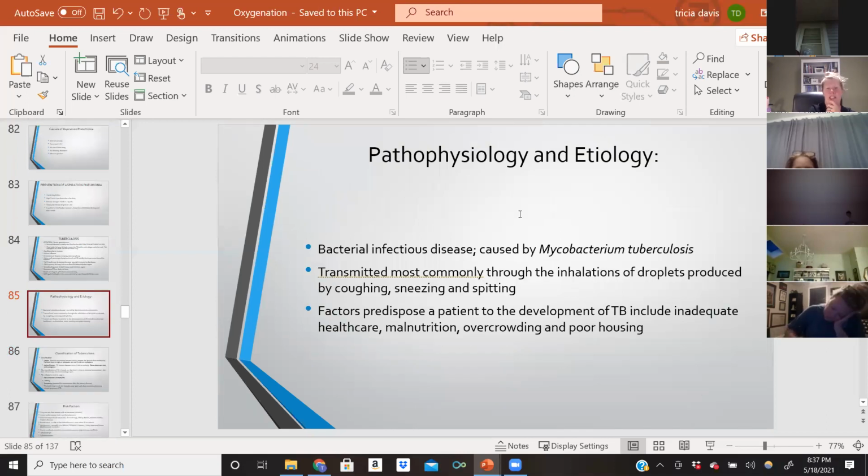So pathophysiology, it's a bacterial infectious disease caused by Mycobacterium tuberculosis. It's transmitted by inhalation of those droplets, coughing, sneezing, and spitting. Factors that predispose a patient to the development of tuberculosis are inadequate health care.